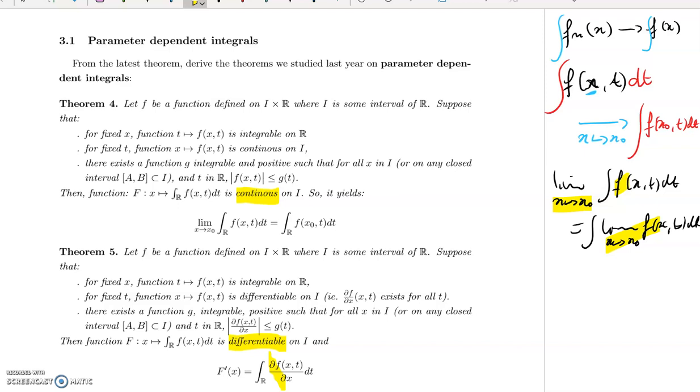Okay, so let's dig a bit closer into the hypotheses we need, and maybe let's begin with some example to illustrate the kind of problems we may have. Let's consider this function that is going to be defined by an integral, between 0 and plus infinity, of e to the negative t divided by t plus x, dt.